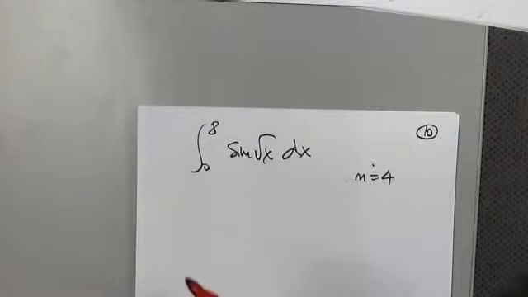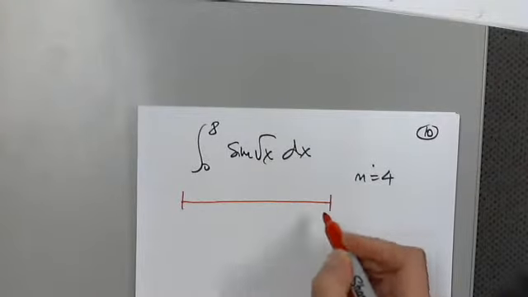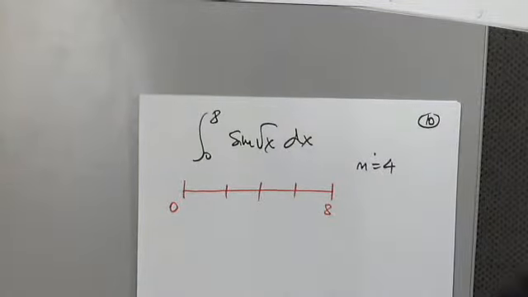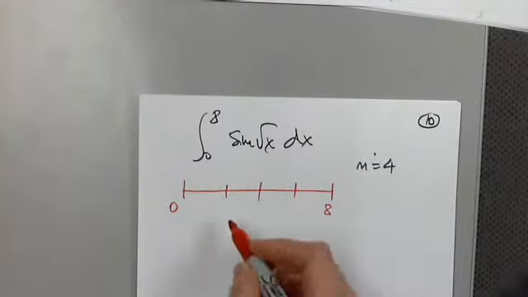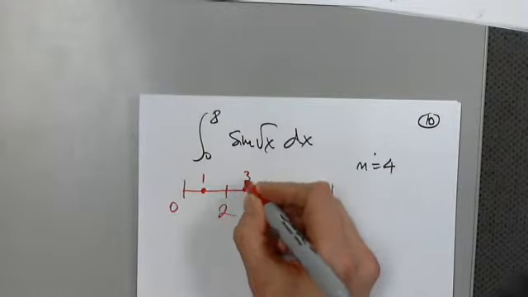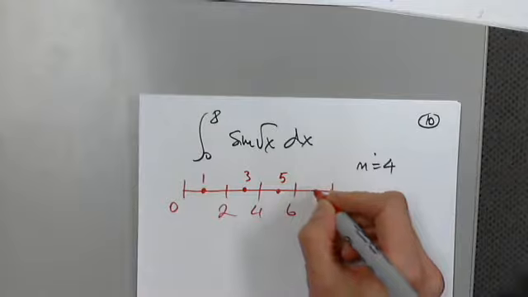So remember what I would do. I would present this interval just to make sure I don't make a mistake, and I will divide it into 4. So this is 2, 4, 6, and obviously the midpoint is 1, the midpoint is 3, the midpoint is 5, and the midpoint is 7.